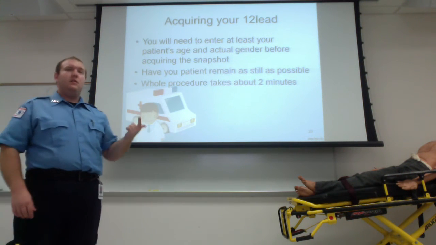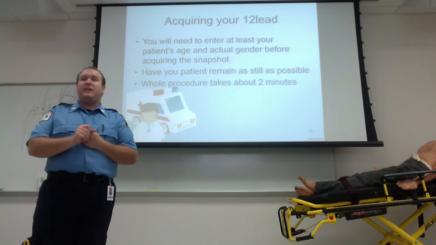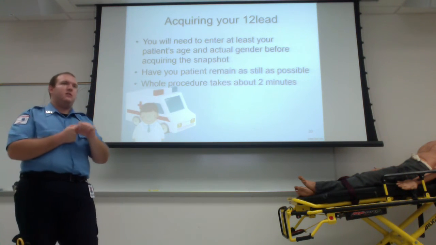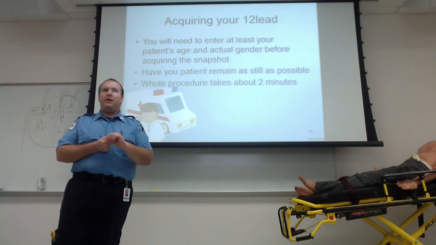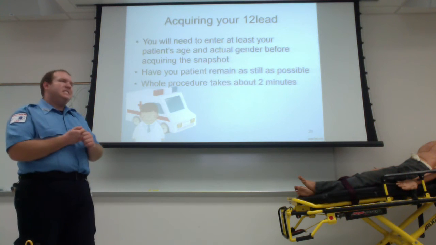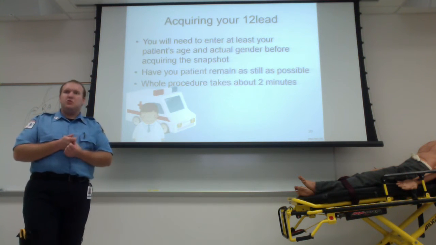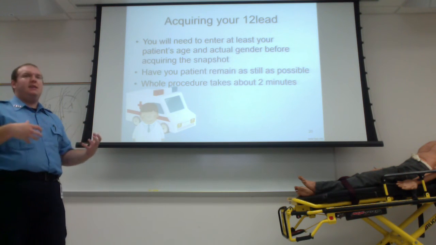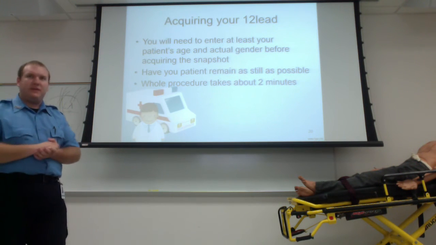The 2 things you'll need for acquiring this are your patient's age and your patient's real, actual gender. If they are transgender or a cross-dresser or whatever, it would really help if you know exactly what they are, because that can make a difference in how they're made inside, despite how they want to be outside.